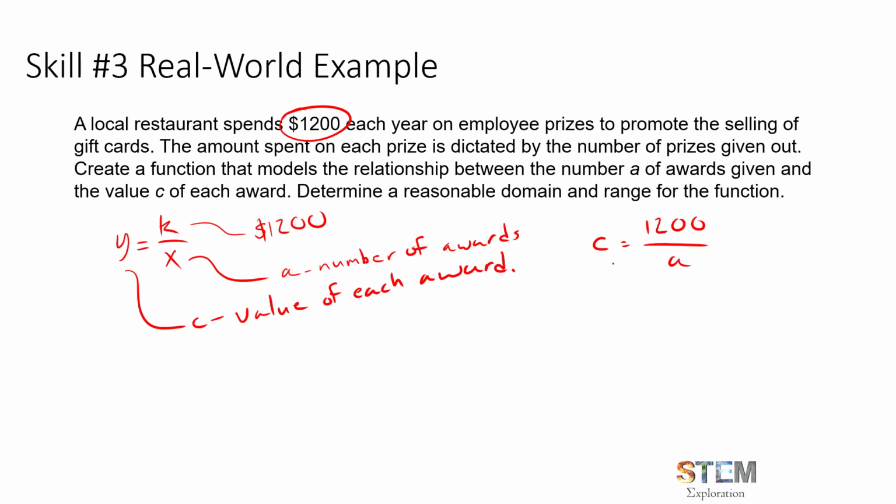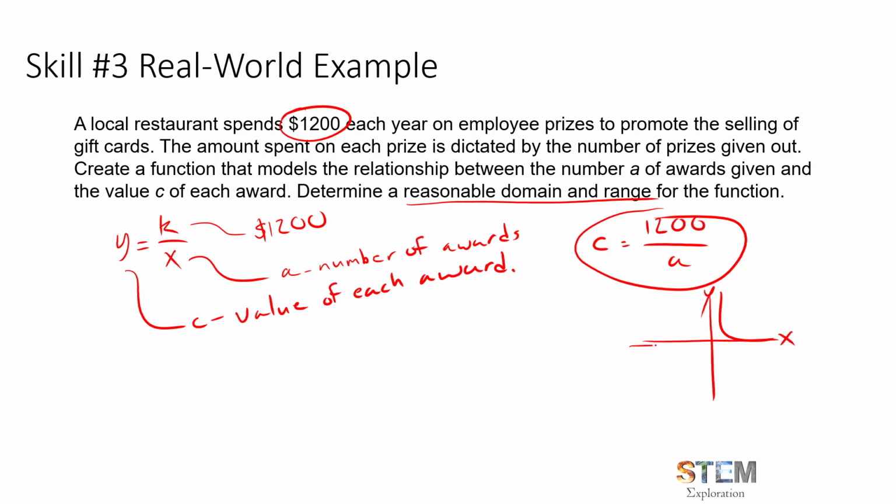Now, one of the things that I want to do in this example is talk about a reasonable domain and range, all right? And there's a reason for this. So first of all, if you graph this relationship, keep in mind that you will have the positive variation like this, where this is x and this is y, but you'll also have the negative variation, all right?